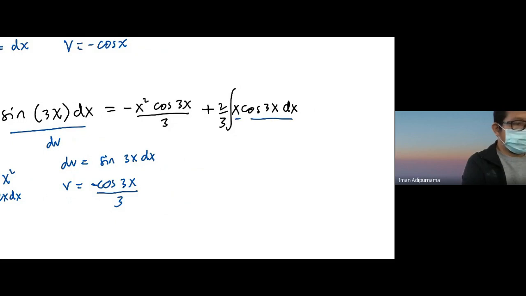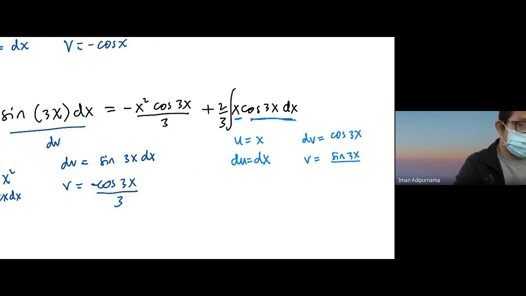And take another integration by parts. Let me change the color. Here u is x, dv is cos 3x, and v is sine 3x over 3.